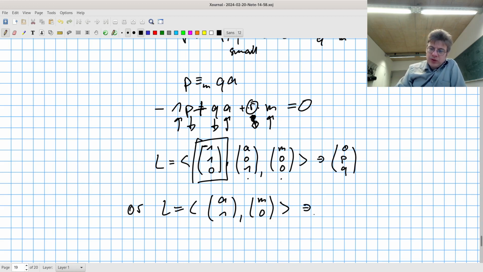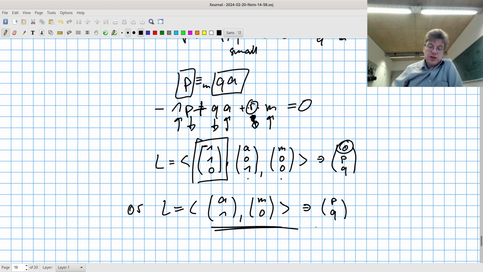If you think of taking the first vector and multiplying it by Q, then you would have Q times A, but Q times A is equivalent to P mod M, and I can add suitable multiples of M to the first coordinate without changing the second coordinate. So this would just contain P and Q without this 0. So this should also work. Let's see if it does.